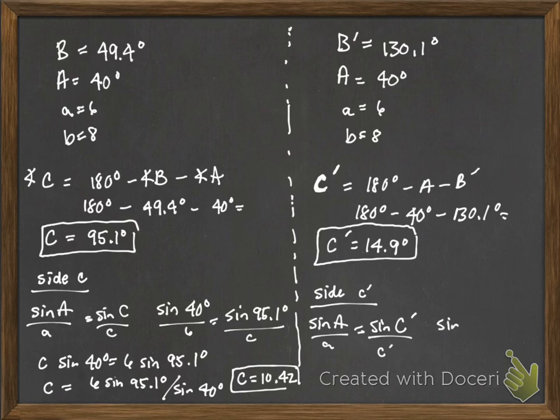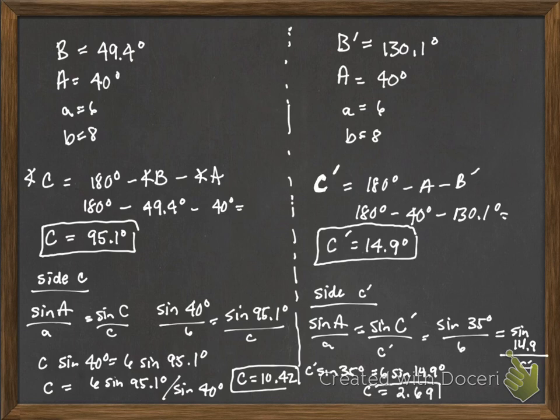So sine of 40 degrees over 6 equals sine of 14.9 degrees over C. If I cross multiply, I get C times sine of 40 degrees equals 6 times sine of 14.9 degrees. When you do the math, you're going to find that C supplement is equal to 2.69. So that's its side length.